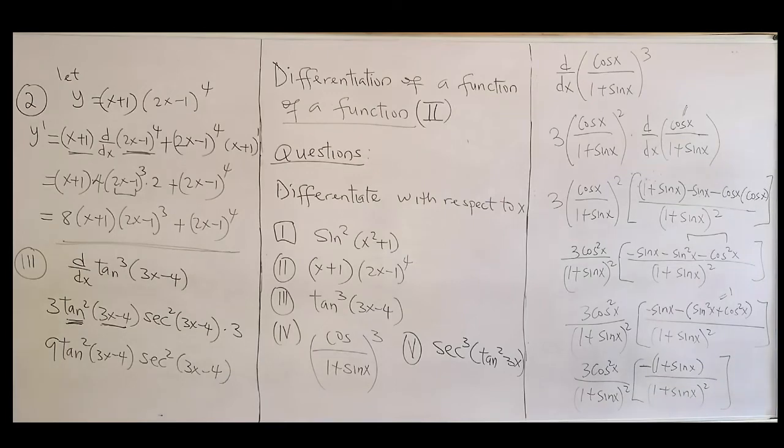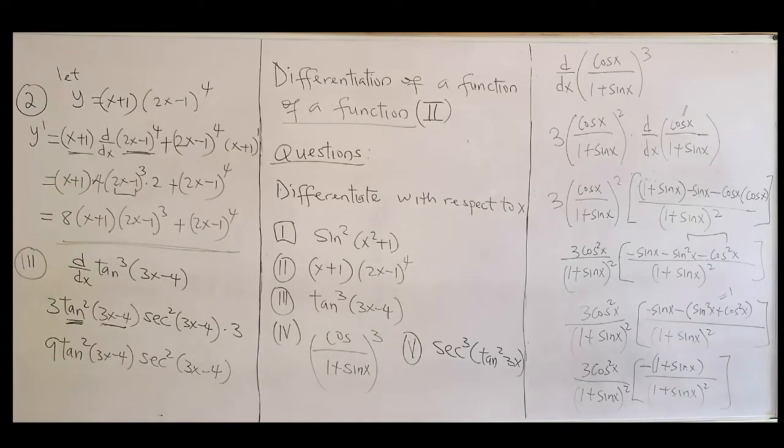This one plus this one is 1, so I'm having minus sin x minus 1. What I did now is factorize the negative, take minus out. If you take minus out from here, you have minus 1 here, so we have the 1, and then minus and minus, that's plus sin x. This one we cancel, to remain 1 here.